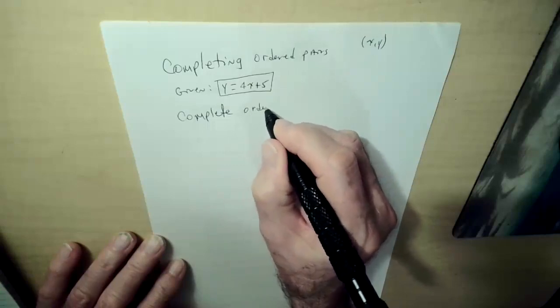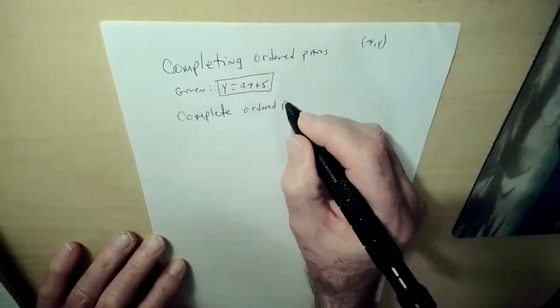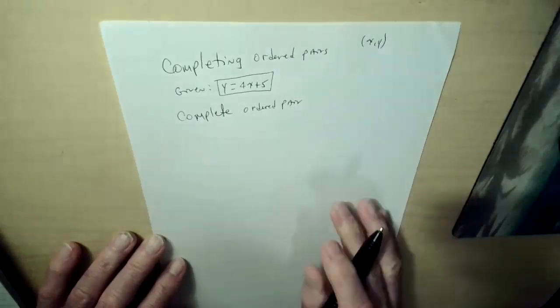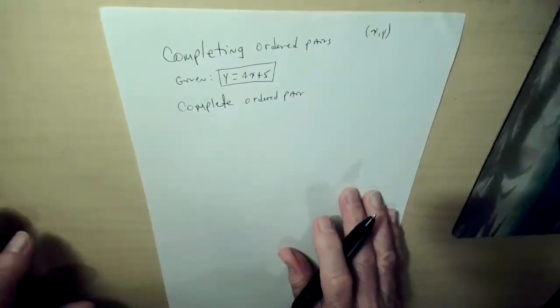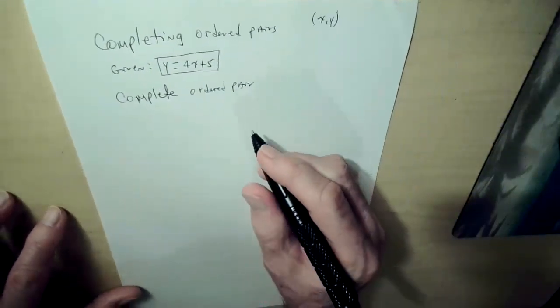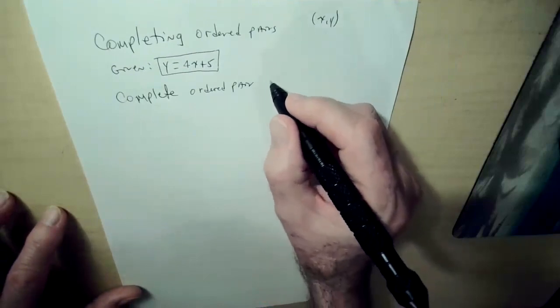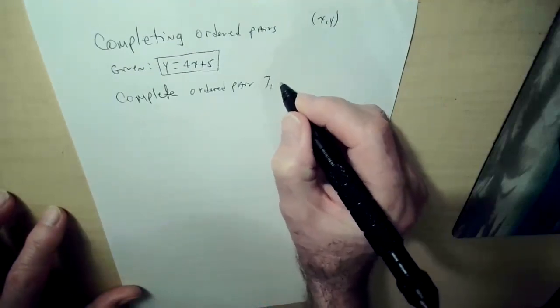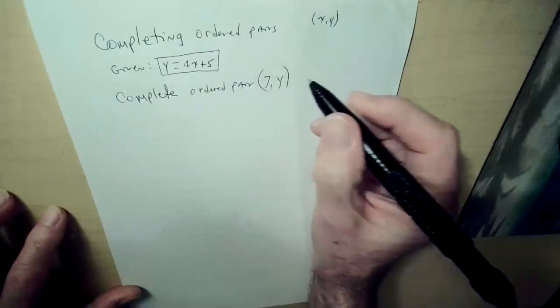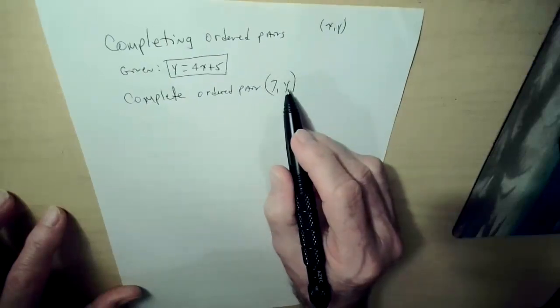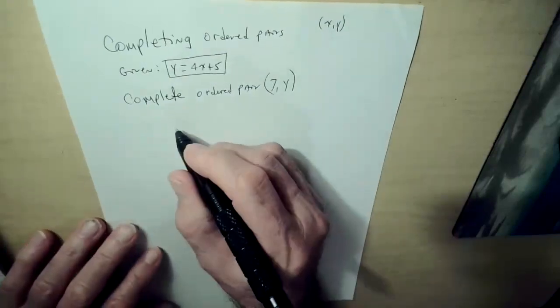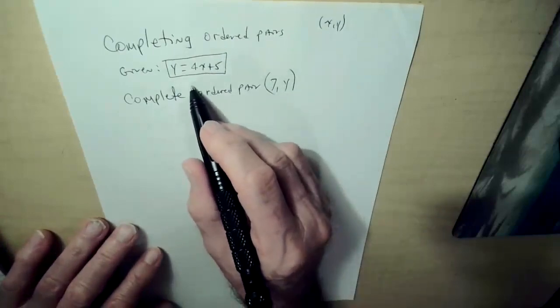Complete the ordered pairs. Or the ordered pair. If you're given 7 comma y. So we don't know what y is.